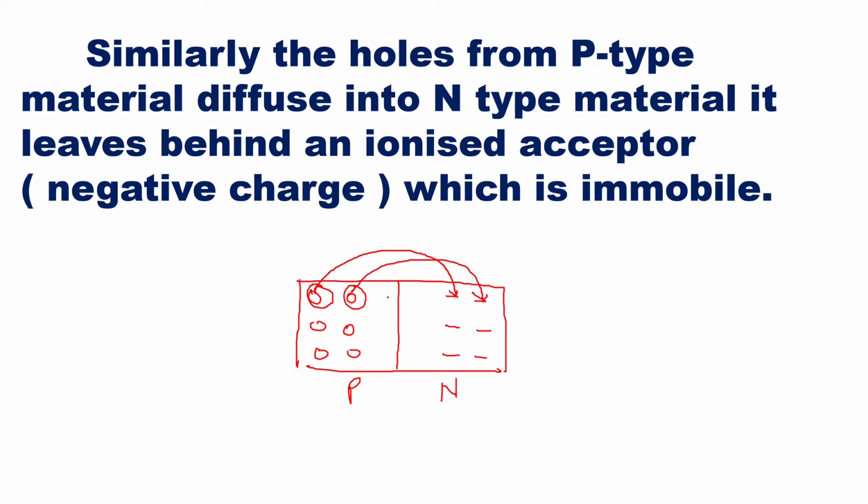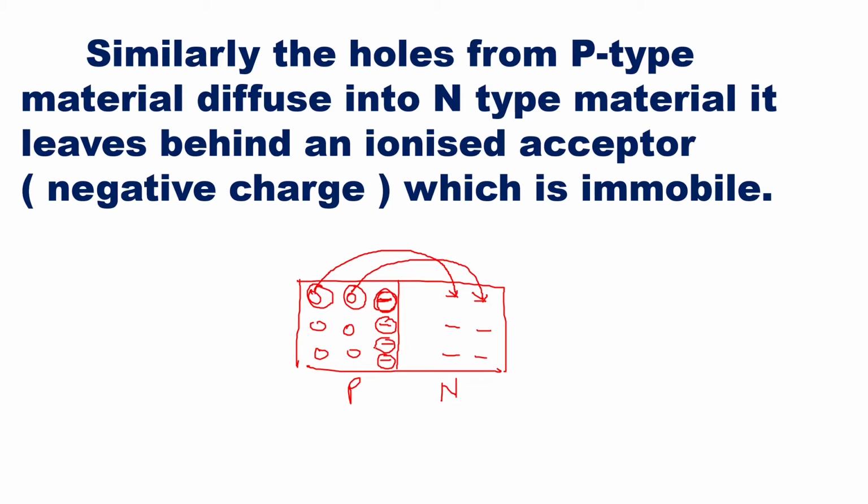So they are not charge carriers which can carry the current. Here when the holes go there, the vacant place becomes an opposite polarity, that is a negative ion, which is immobile. Many such ions will get concentrated as the holes move into the N-type region.